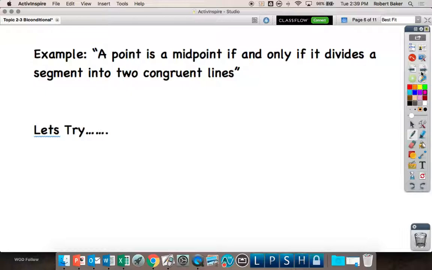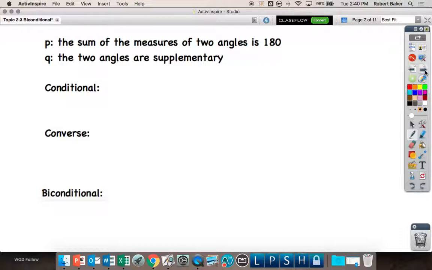So the hard part for you guys is you have to write a conditional statement and tell me if it's true or false. That's what we're going to do. This is the only one you're going to write today, because it's a lot of writing. Unfortunately, this is a big chunk of what you missed yesterday. So you're going to get half of it right now.